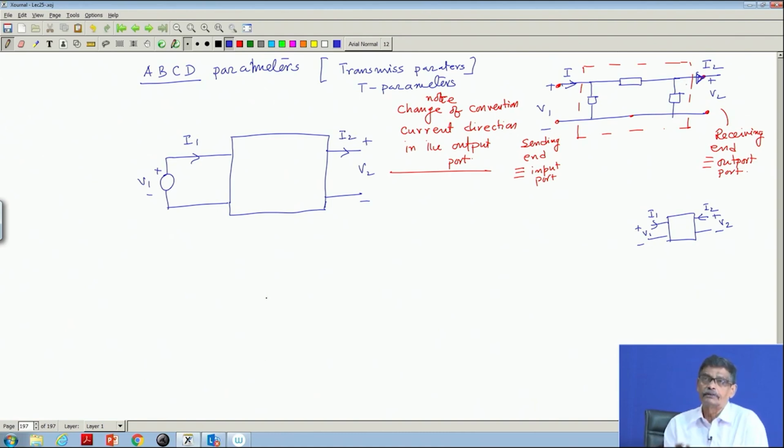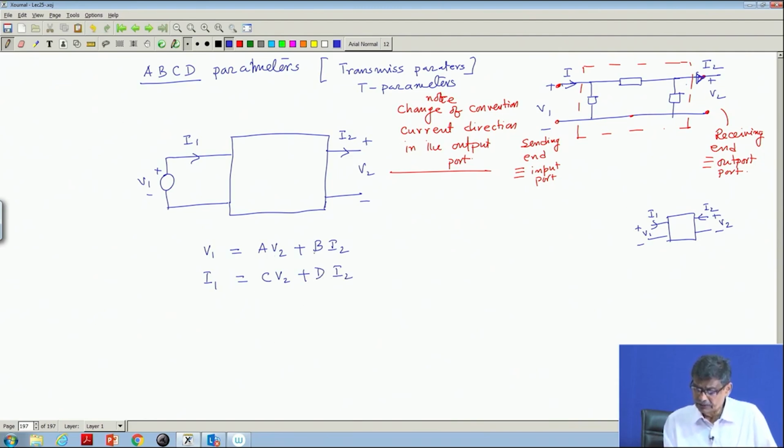Clear? This is the convention for ABCD parameters. Input voltage and output voltage and current are expressed in terms of output voltage and current, that is, V1 is equal to A V2 plus B I2, and input current I1 is equal to C V2 plus D I2.